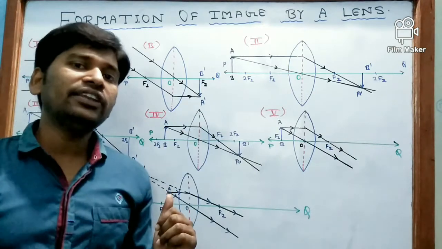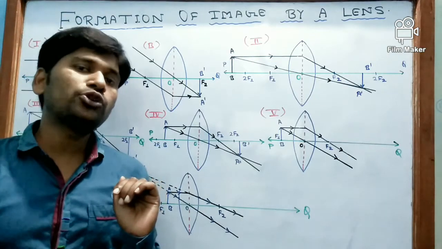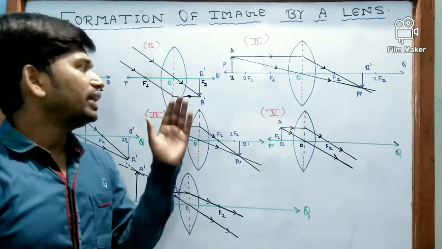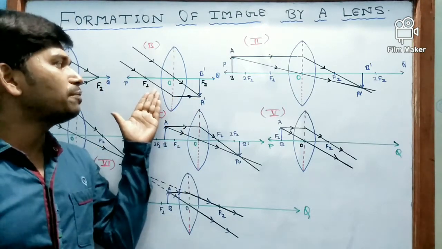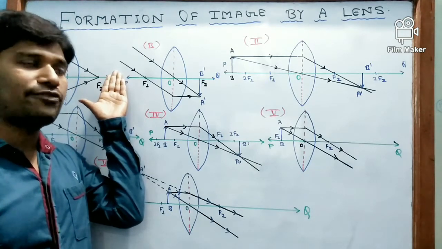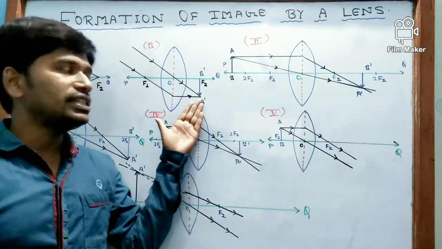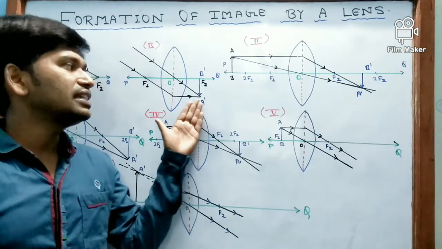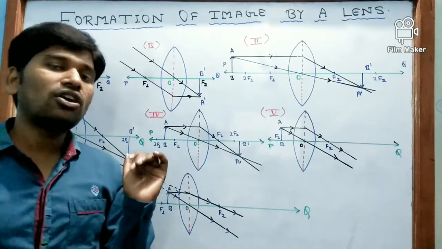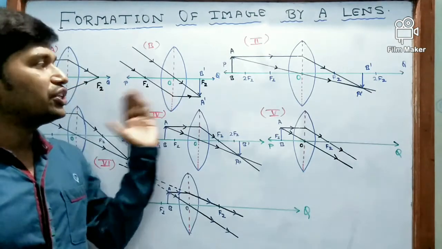Focal plane is a plane which is passing through the focus and perpendicular to the principal axis. So the image is formed at the focus. So we can say the position of object is at infinity or very far from the lens. The position of image is at focus. Nature of the image is real and inverted, and size of the image is also very small, that is highly diminished. This is also the same application.